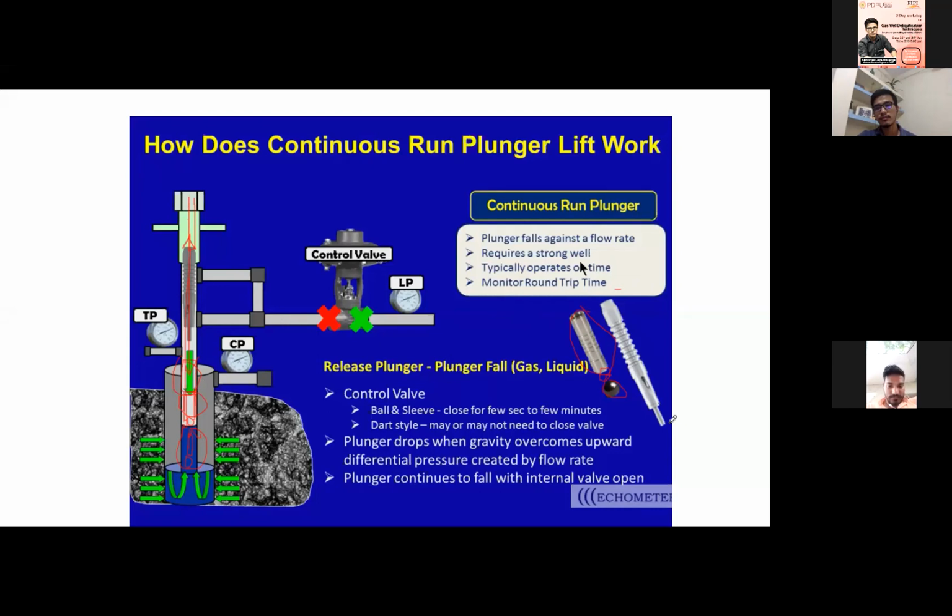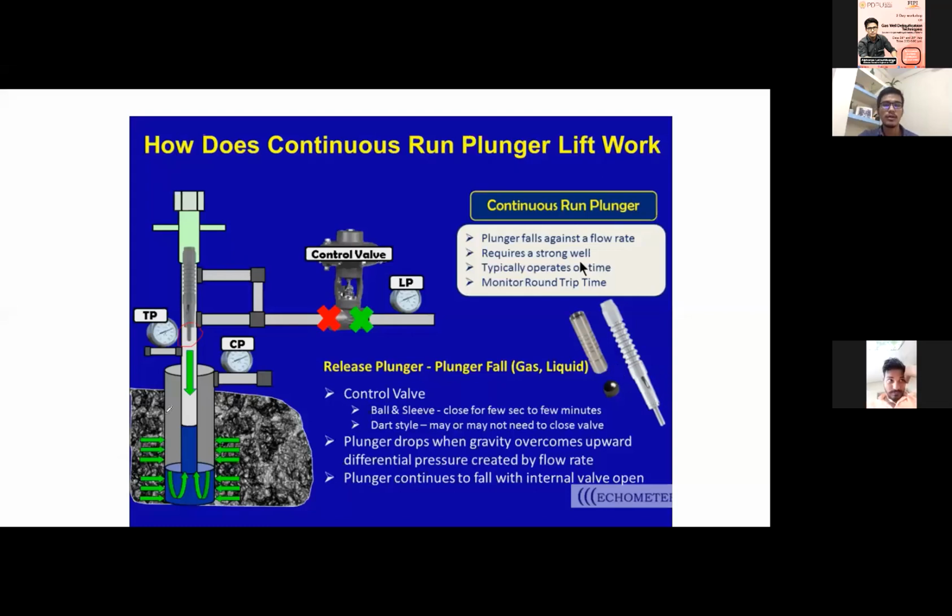In the dart type, when you drop your dart type and it hits your bumper spring, this part of the dart will be pushed upwards, and it will seal the flow path.